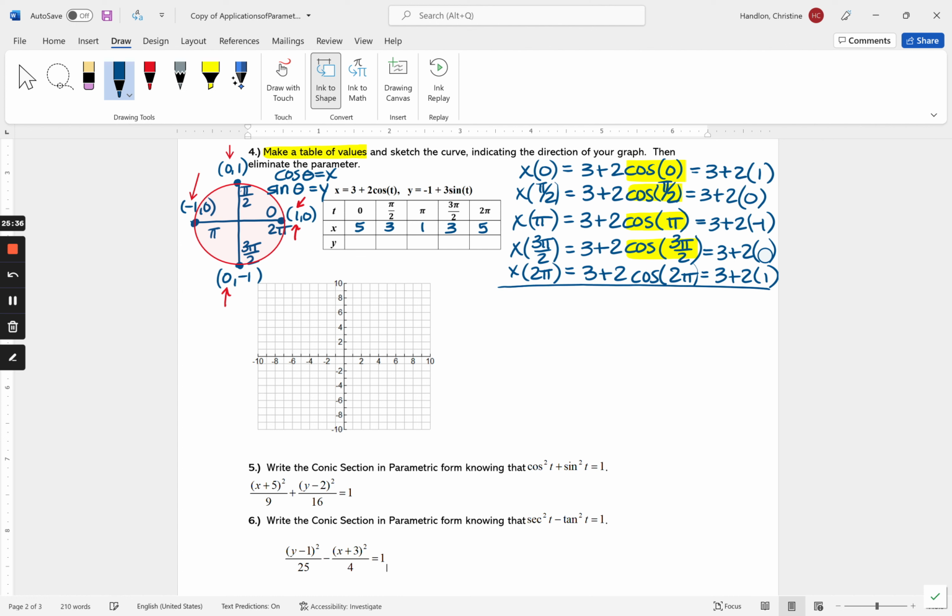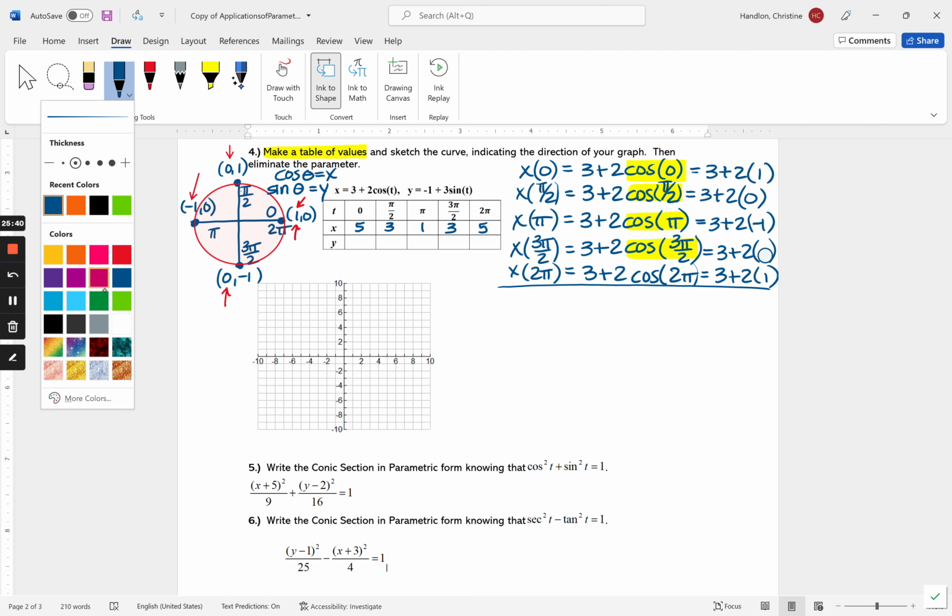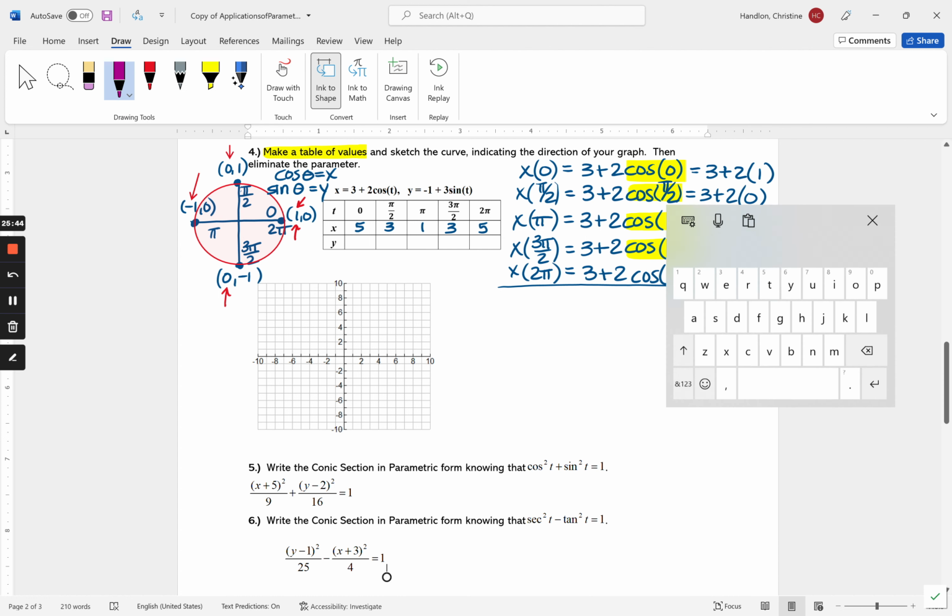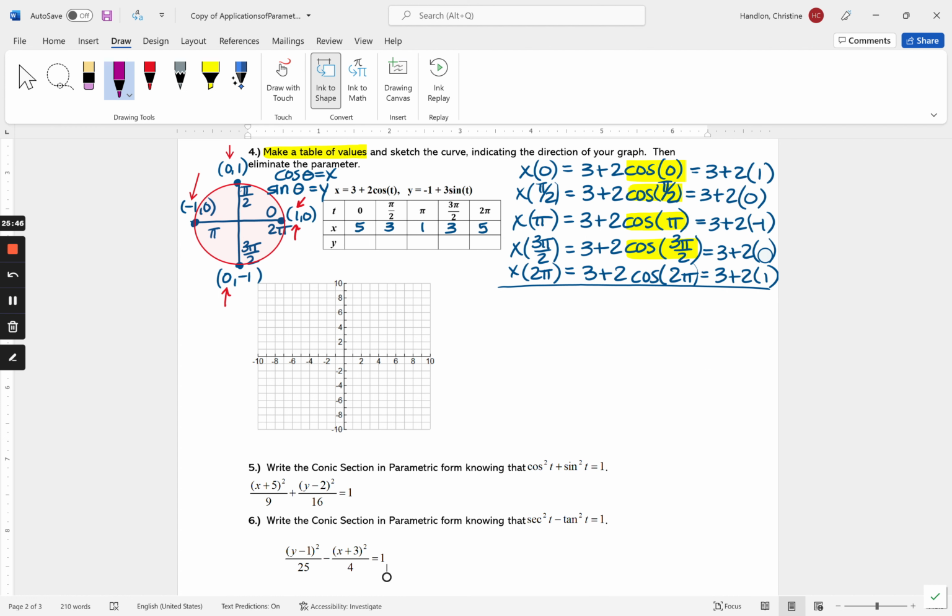Now, what I need you to do is I'm going to change color here. Let's change it to a purple. And let's have you do the y equation. So y equals -1 plus 3. Oh, I forgot to tell you what y value, y at 0.